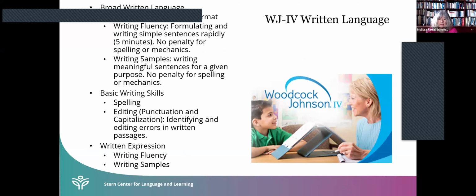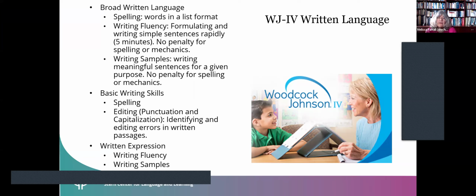that's the Wyatt and the KTA, and I'm just going to come back to the Woodcock-Johnson. We're now in the 4th edition, which looks at a slightly different selection of skills here, and has different ways we can chunk those skills into different indexes or composite scores.